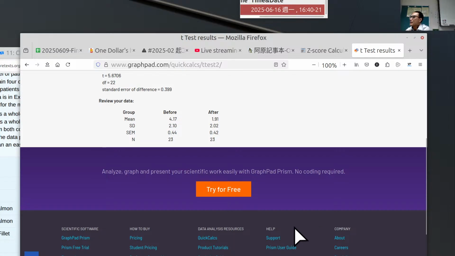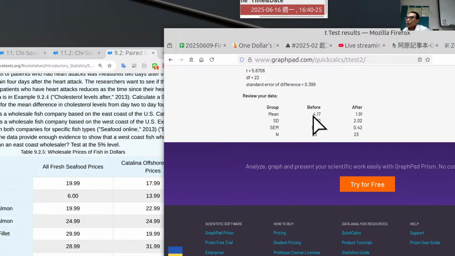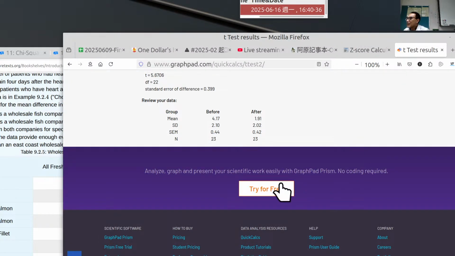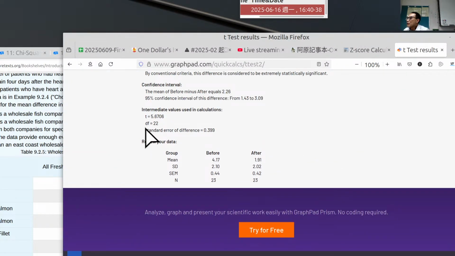Okay, we got the information here. Sure, you can use this one. The mean is 4.17. The other one, the mean is 1.91. Actually, we get the answer here, but you can use this calculator. It's easier. And the degree of freedom is 22. And how about the p-value?